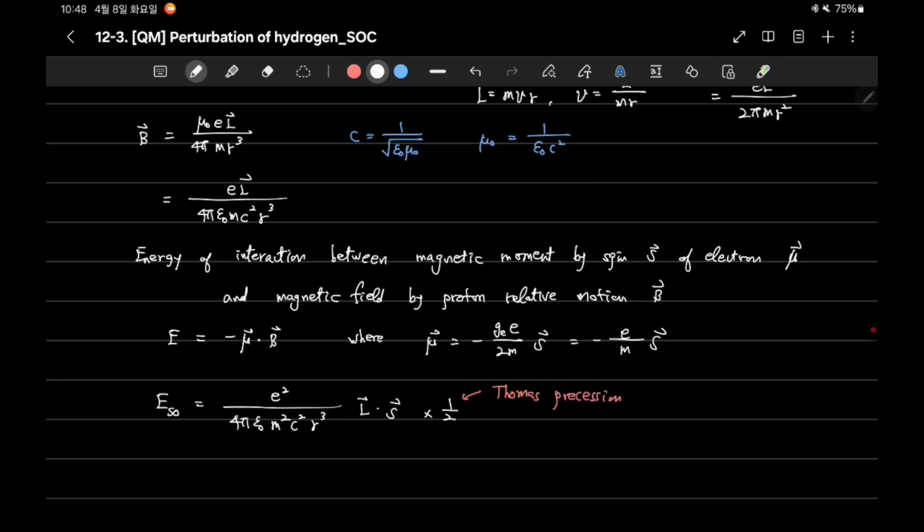Thomas precession is a relativistic effect due to the acceleration of the electron.